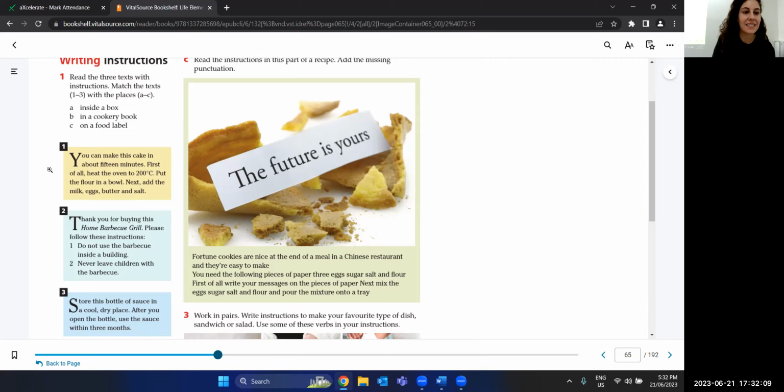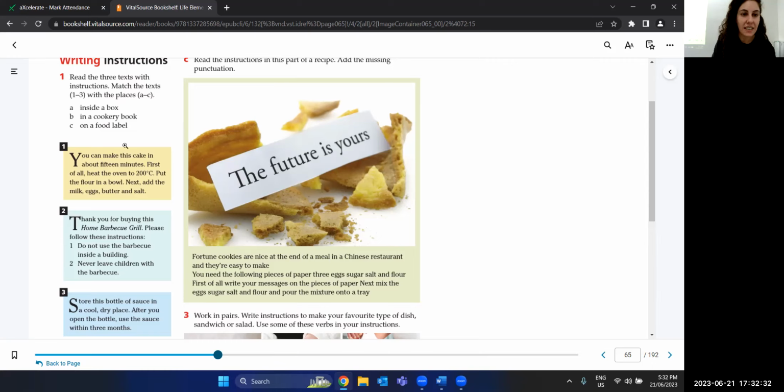So I'll read it. It says, you can make this cake in about 15 minutes. First of all, heat the oven to 200 degrees Celsius. Put the flour in the bowl. Next, add the milk, eggs, butter, and salt.